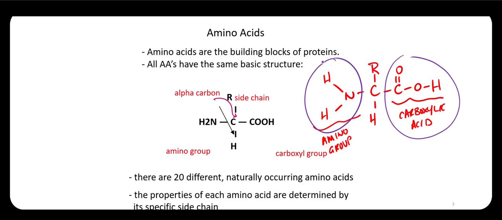With those groups, this is spelled out 100% properly to every single detail. But chemists don't typically do that. What we have a tendency to write is we'll put the carbon in the middle, the hydrogen, the R group, we'll talk about it in a minute, and go COOH. We'll also go NH2.